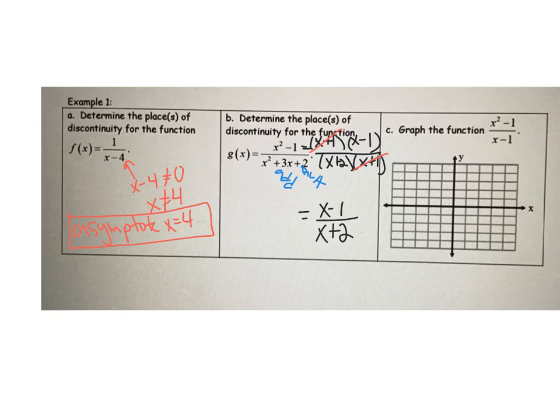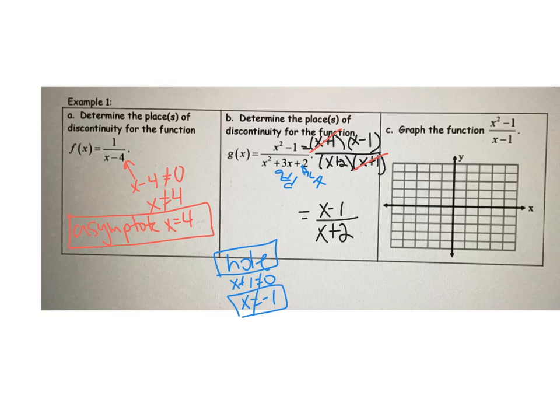So because we canceled the x plus 1, we are going to have a hole at negative 1 because right here x plus 1 cannot equal 0, so x cannot equal negative 1. So we do have a hole at x equals negative 1. But notice what also is remaining.